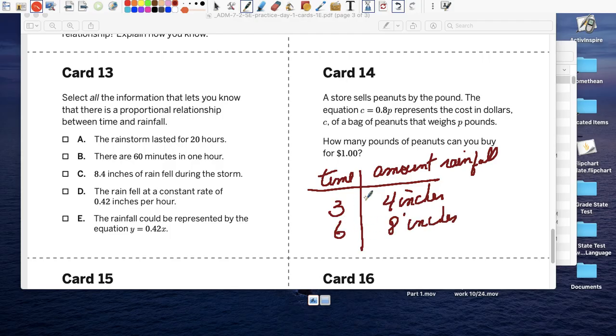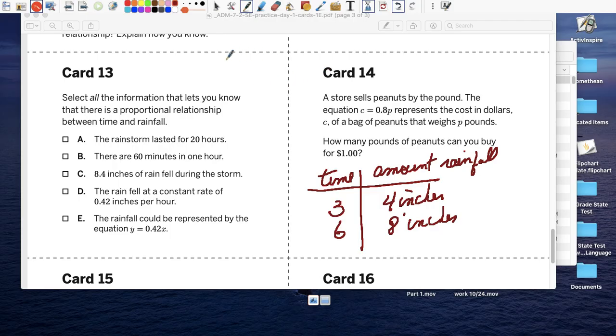Let's see if that helps us answer the question. The rainstorm lasted for 20 hours. Does that tell you that there is a proportional relationship between time and rainfall? It tells me that the rain lasted for 20 hours, but it doesn't tell me how much rain came every hour.